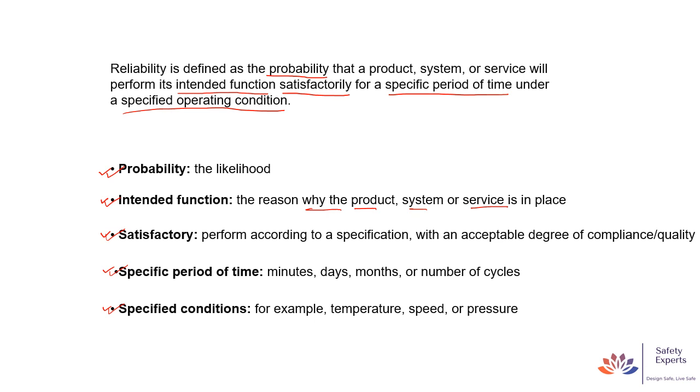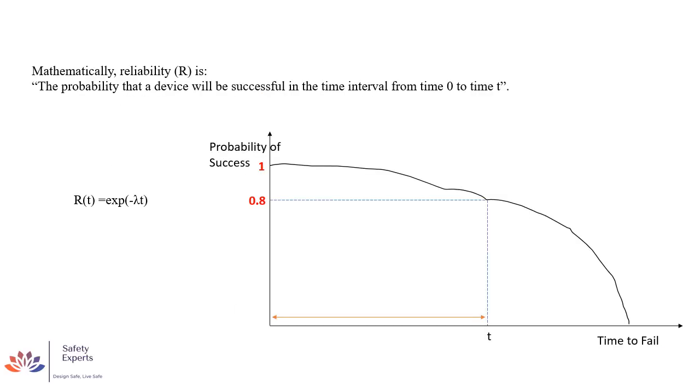And when we are reading the reliability of any product, system, or service, we should always read the reliability with this context. Now, mathematically, reliability is expressed as a function of time, right? And the expression is R(t) is equal to e to the power minus lambda t.